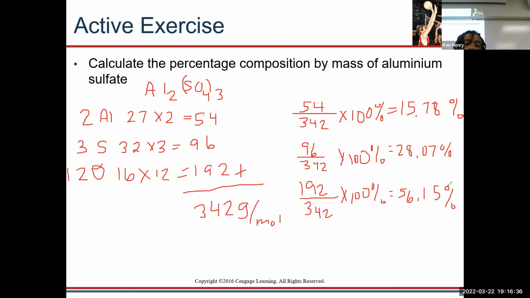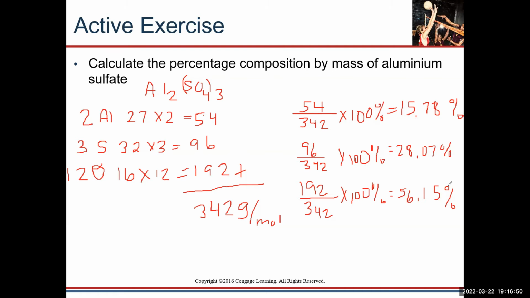Okay. Questions? Concerns? Okay, everybody got that down? So you can get to that last percentage just by having 100 minus the 15.78 minus the 28.07.